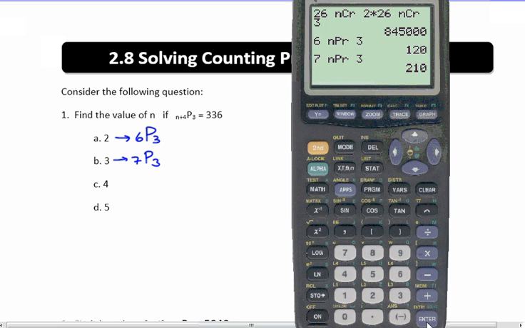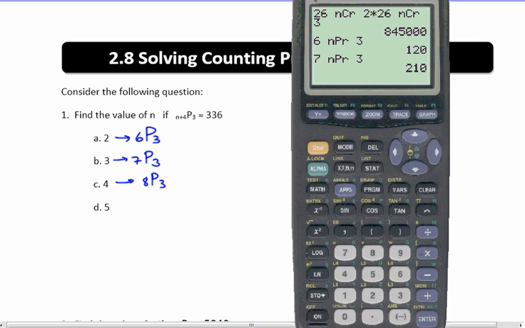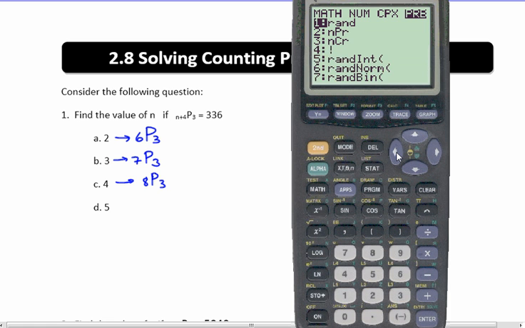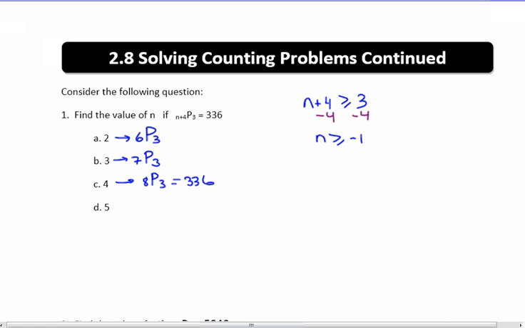And you don't have to go through all the work. 210, so it's not that one. Okay, if n was 4, we'd have 4 plus 4, or 8, pick 3. Let's try that one. So sometimes that is the best strategy, 336. So there's our solution. Okay, but there is a way to solve these algebraically, some of these.